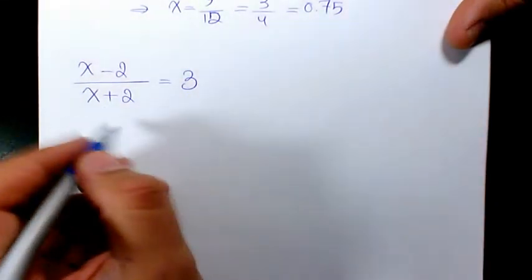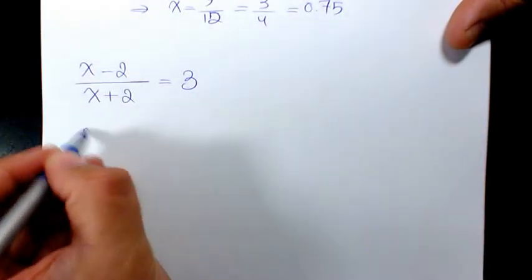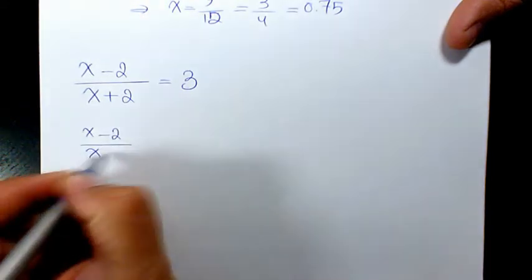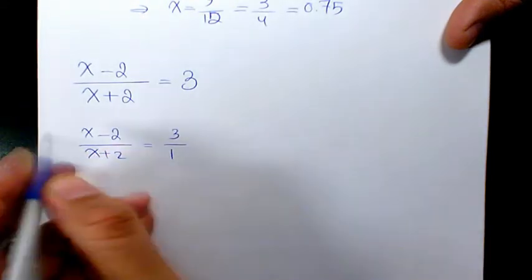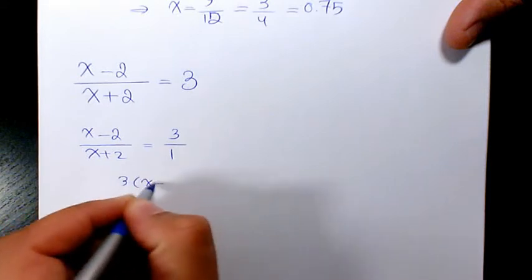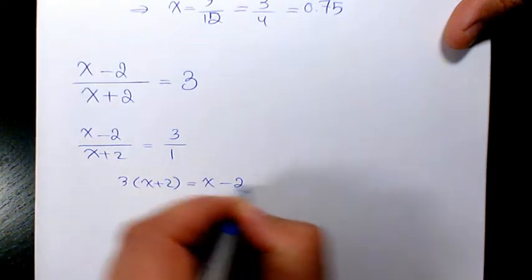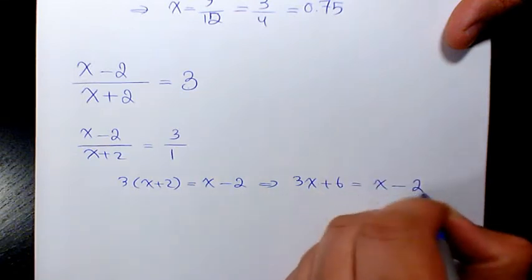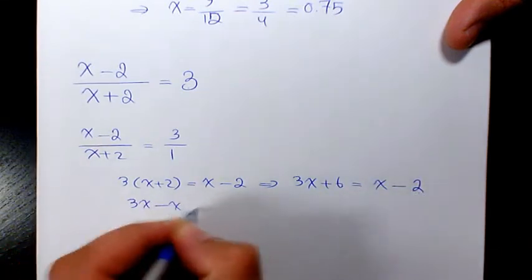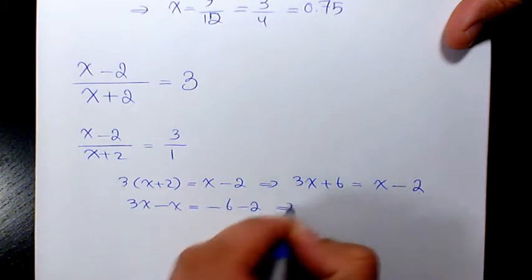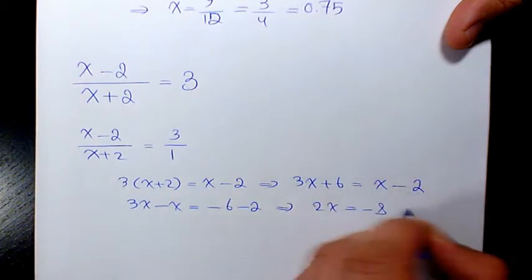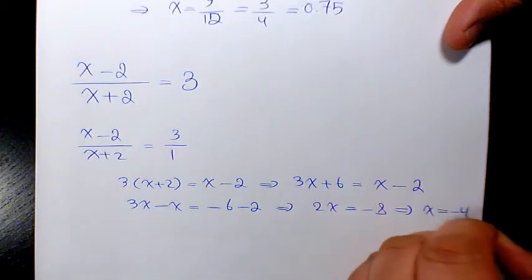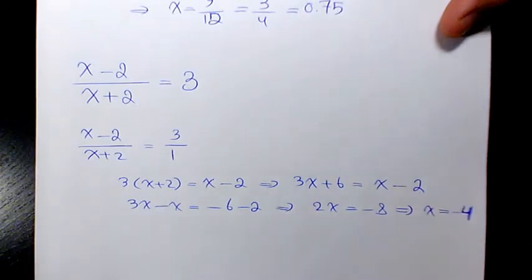Now, you can do cross multiplication. 3 times x plus 2 equals x minus 2, which is going to be 3x plus 6 equals x minus 2. So 3x minus x equals negative 6, negative 2. 2x equals negative 8, so x is going to be negative 4. That's going to be the answer.